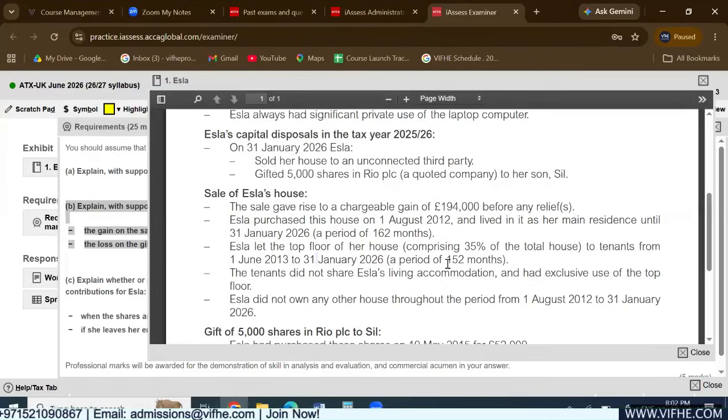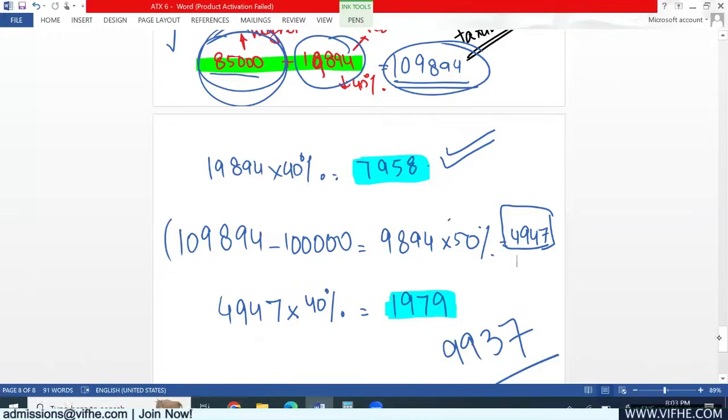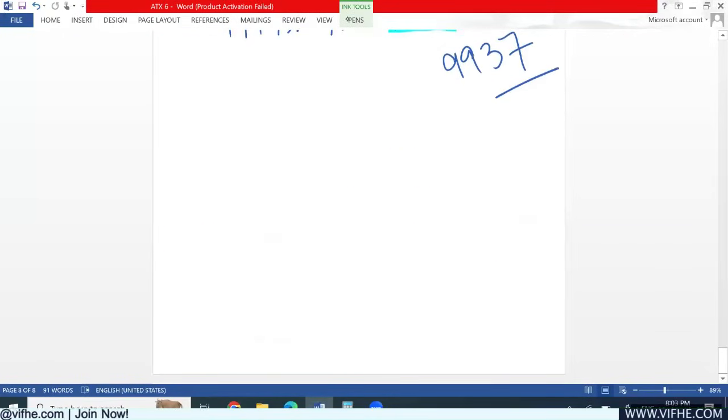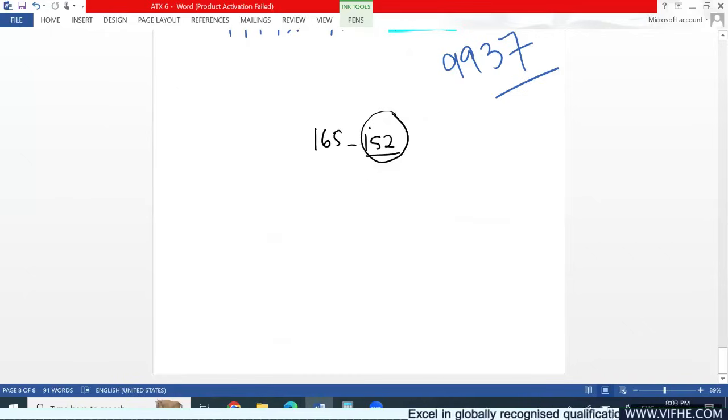So out of 165, I'm just going to remove 152 months, as 152 is included in these 165 months.